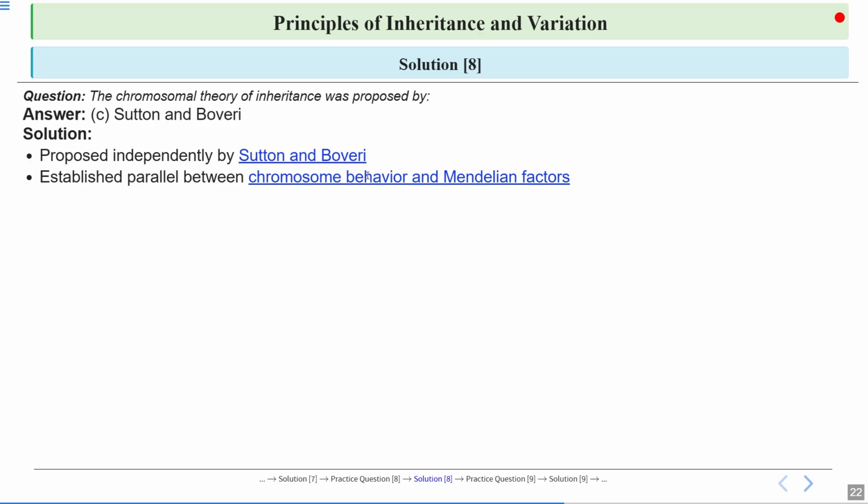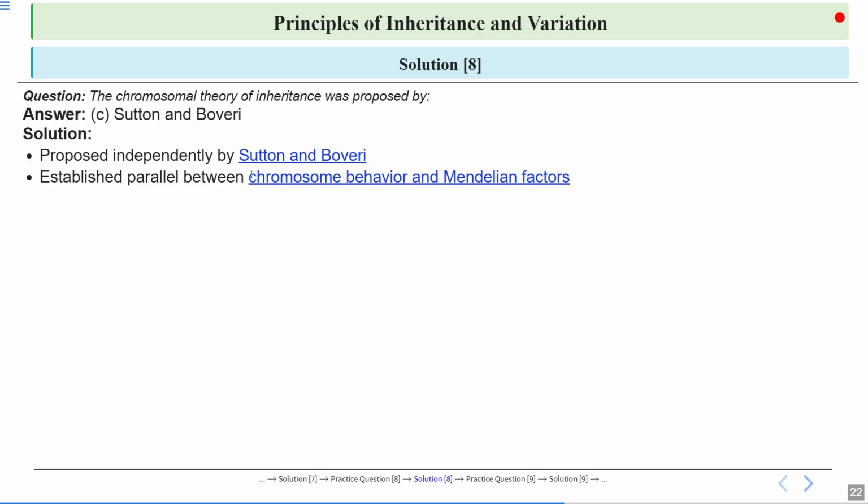So what they said is that genes are present on the chromosomes, and the behavior of chromosomes and genes are parallel to each other. So they explained Mendel's inheritance laws with the help of chromosome movement.